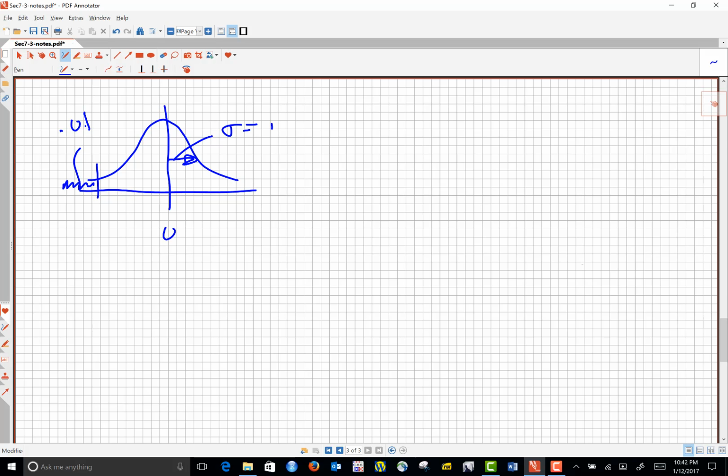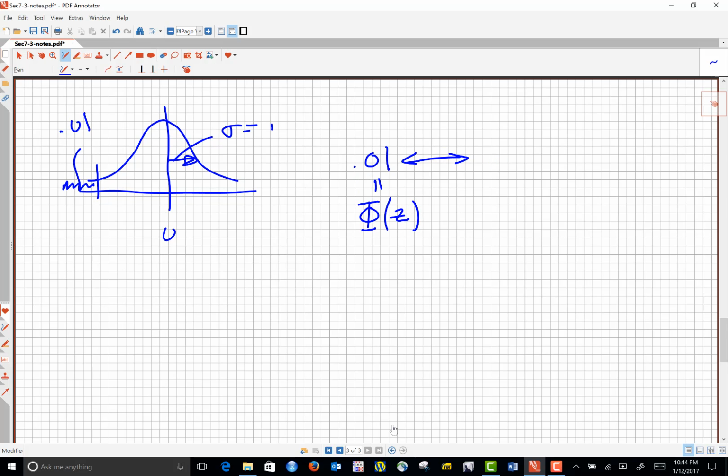And what I can do is look around in the body of the standard normal table and look for 0.01. And 0.01 corresponds to a z value. So I want this to be cap phi of z. That corresponds to a z value of minus 2.33.